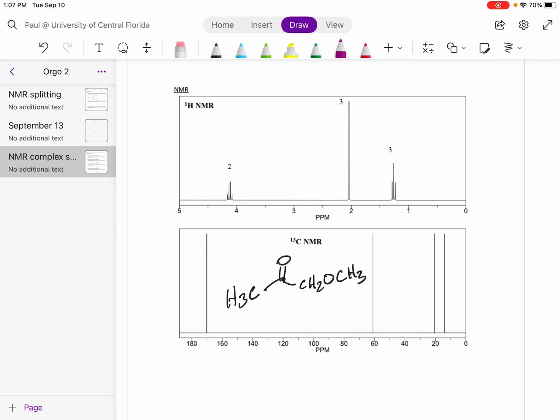Well, that signal A should be a singlet around 2.1. That matches very nicely. Now I have a methylene right there, sandwiched between an oxygen and a carbonyl. The chemical shift looks like it would match. But what would the splitting pattern be of that?